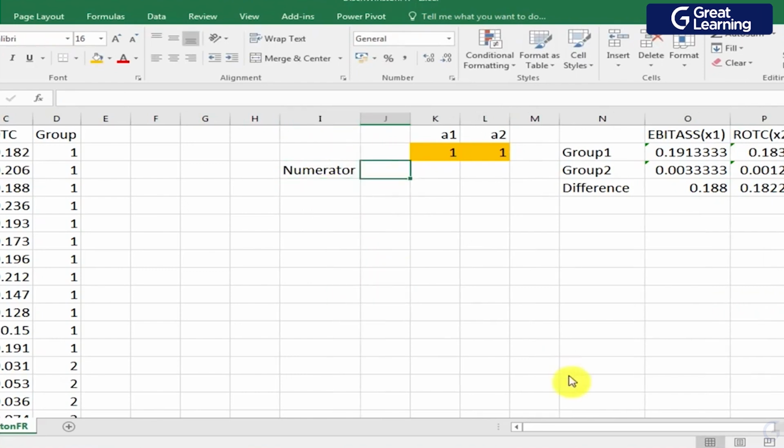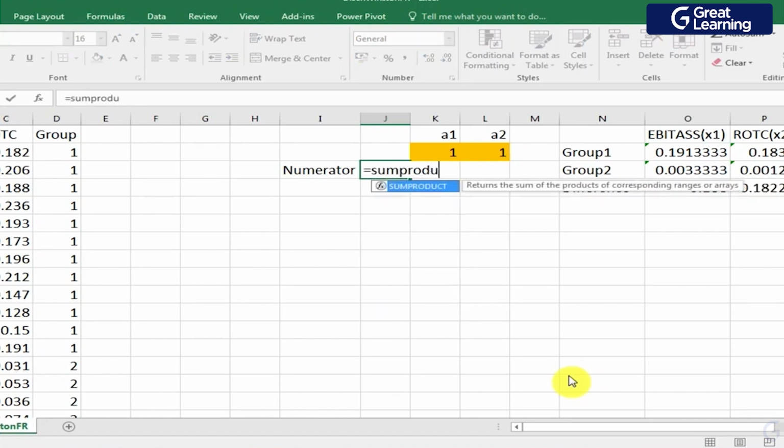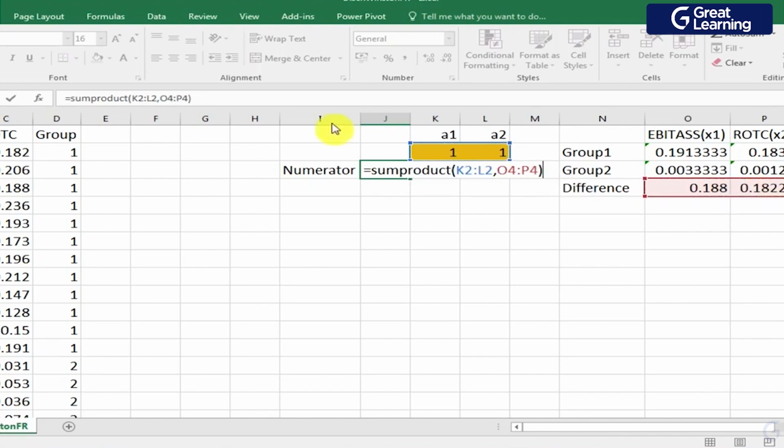What is the numerator? It is equal to some product, and with your permission I should open an outer bracket also here because I have to square this.